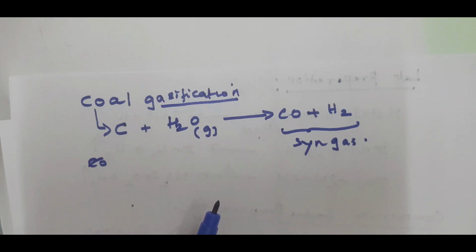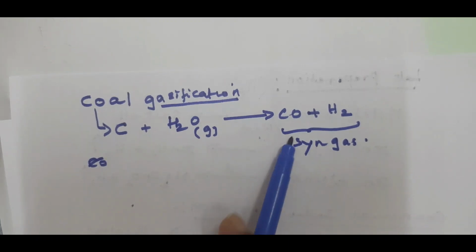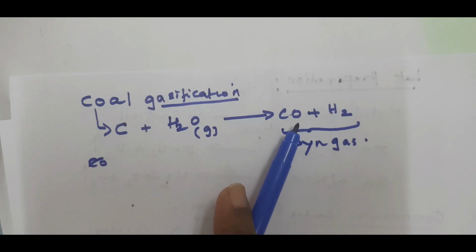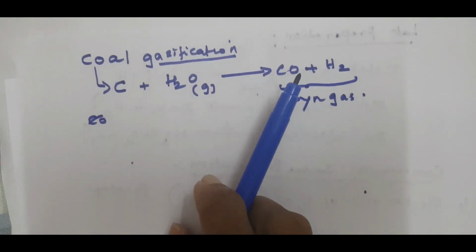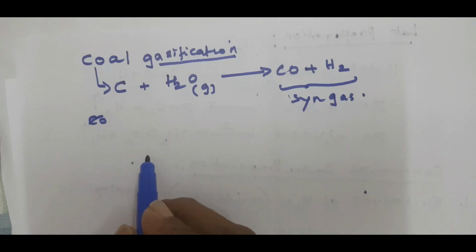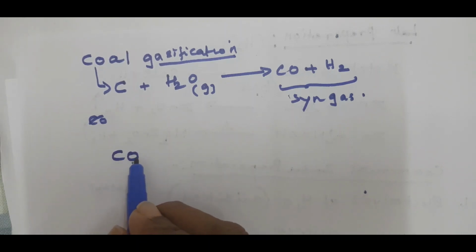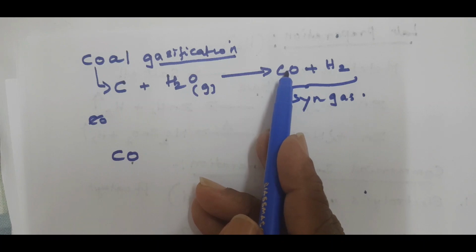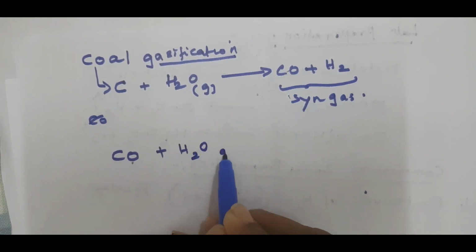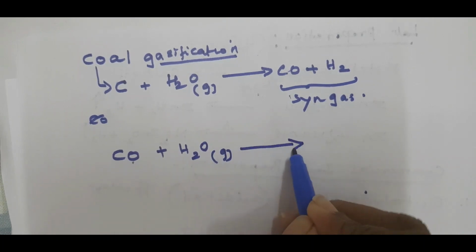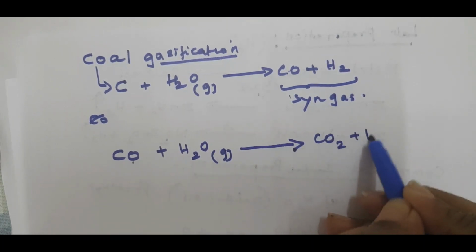Now, the production of hydrogen can be increased by reacting the carbon monoxide of this syngas with steam in the presence of iron chromate as a catalyst. The carbon monoxide taken from the syngas, when reacted with the steam, gives carbon dioxide plus hydrogen.